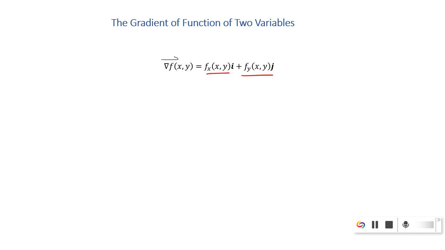And we call this vector the gradient of our function. We're going to use that upside down triangle to denote the gradient. I call that operator del, so I might read this as del f. I've seen that symbol called a nabla as well, but I usually call it the del operator.